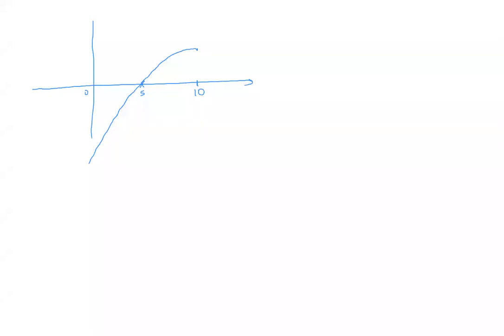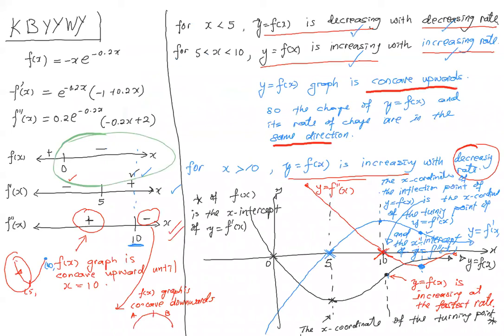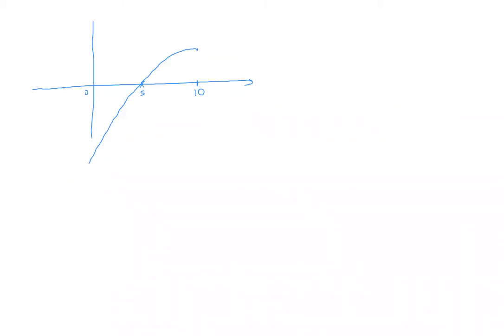But look at here. For my f(x) graph, after it goes up, it doesn't go up to infinity, correct? It goes up and approaches 0. So that means the rate will become 0. So my f prime x graph, you cannot go down like that.